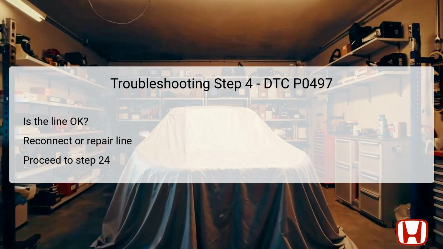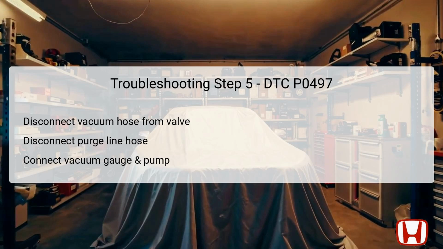A malfunctioning or damaged line can severely impact the performance of the entire EVAP system. Once repairs are made, follow the outlined repair processes and proceed to step 24 in the troubleshooting guide. This step might involve additional testing or inspection based on the specific findings related to the EVAP system.